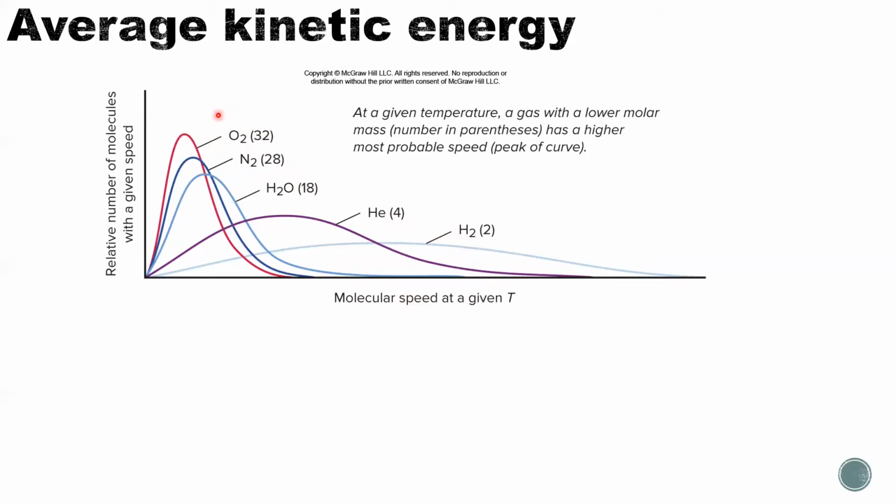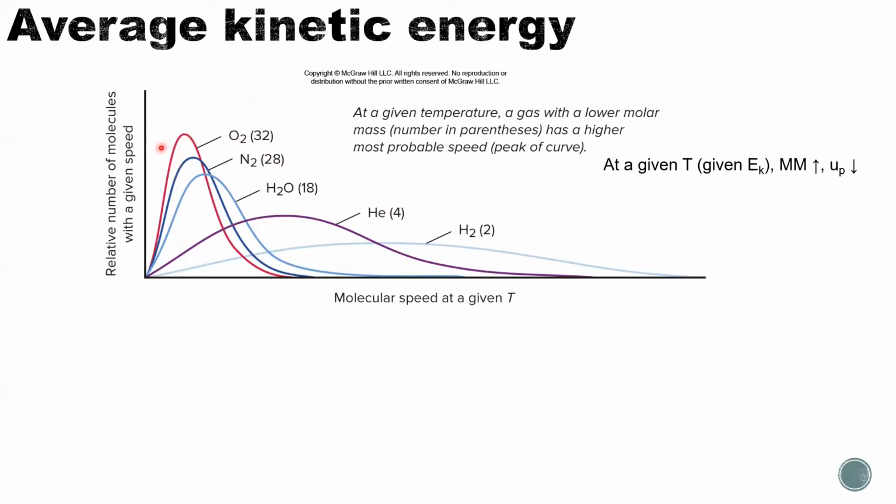For the gas that is heavier, with a larger molar mass, the most probable speed, the peak of this diagram, is smaller than that of hydrogen. So at a given temperature, the larger the molecular weight, the smaller the most probable speed.